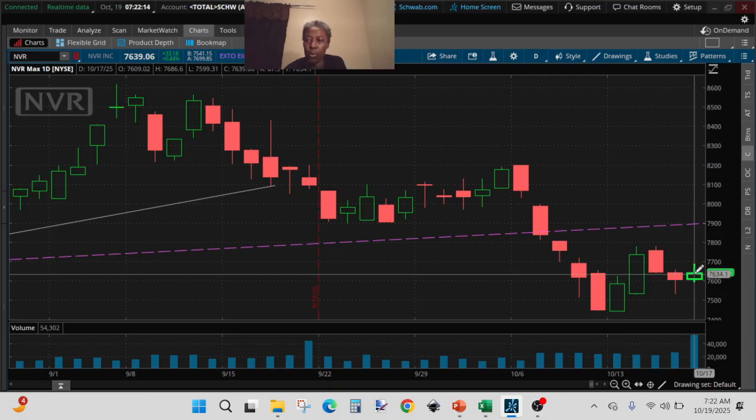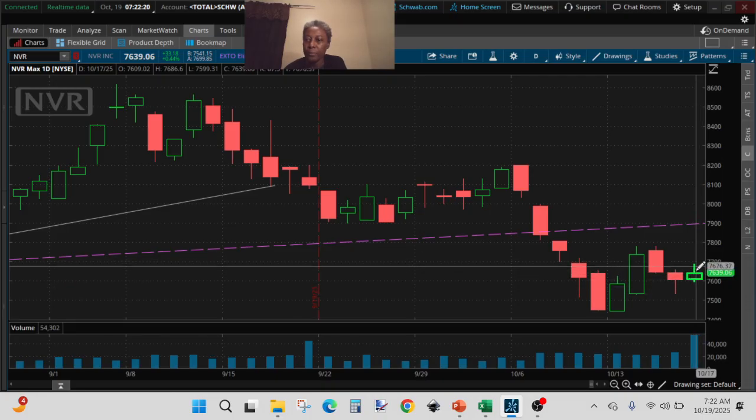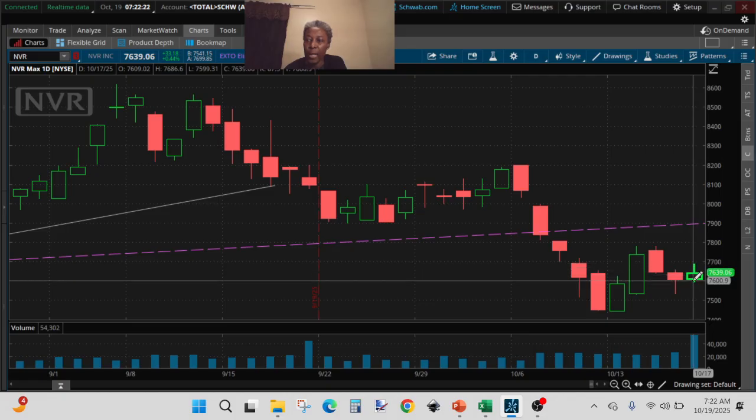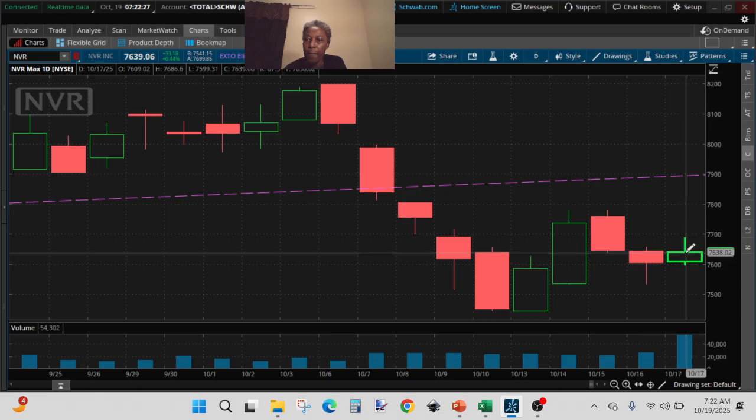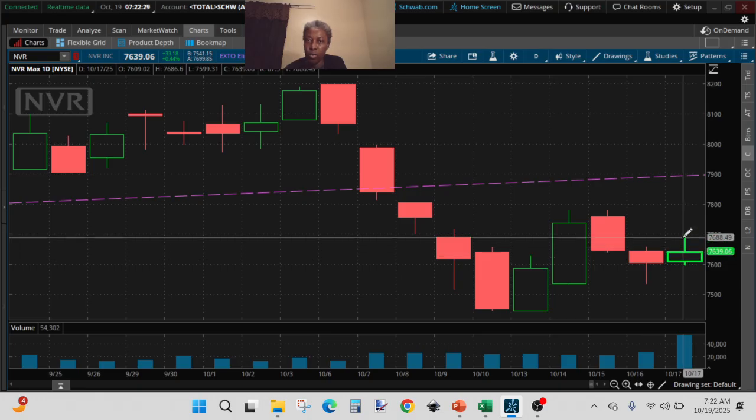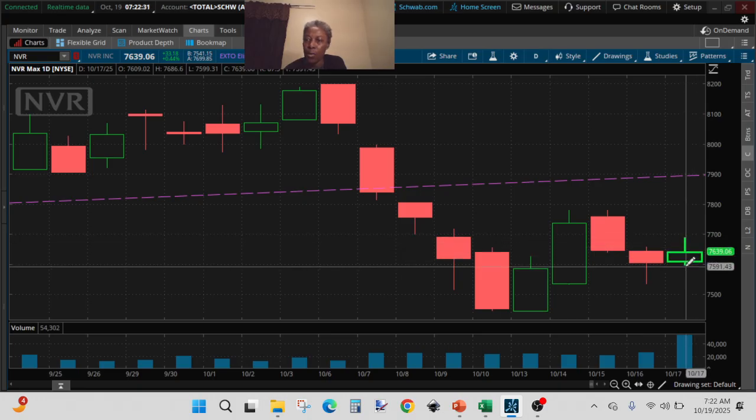So the candlestick, like a candle, has a wick, right? The stick at the top and at the bottom of the rectangle just shows you how far up the price went during the day and how far below it dropped during the day.